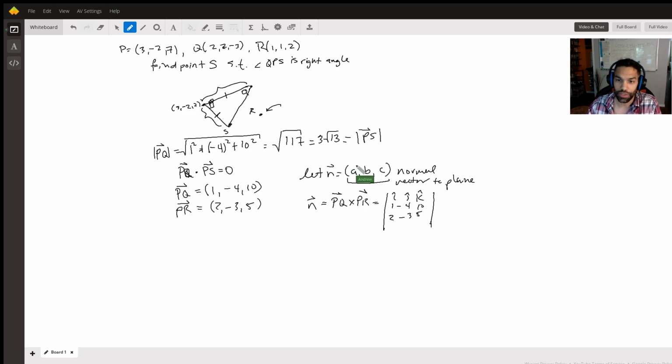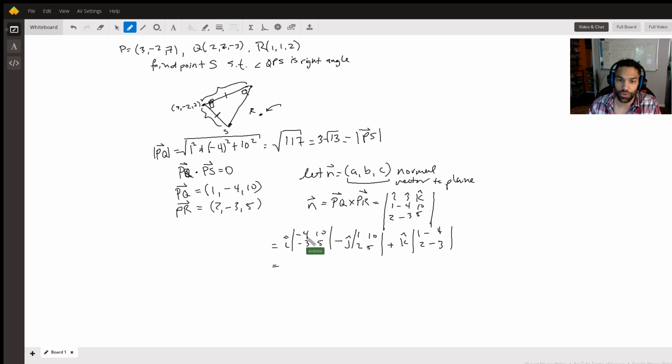And when we evaluate that, that ends up being i times the determinant of -4, 10, -3, 5. We're using cofactors here, minus j hat times the determinant of 1, 10, 2, and 5. And then lastly, plus k hat times the determinant of 1, -4, 2, and -3.